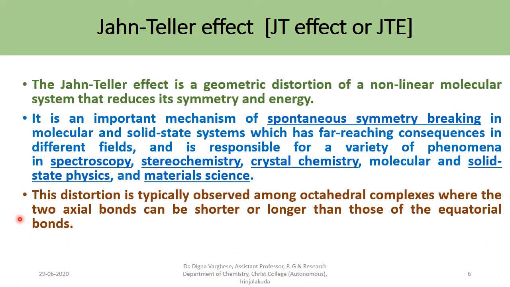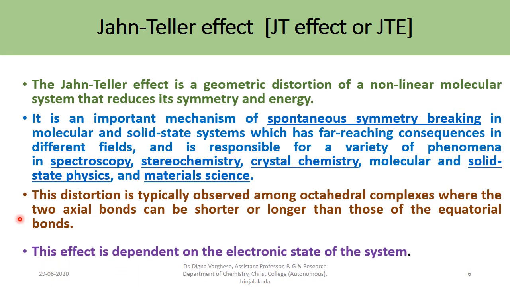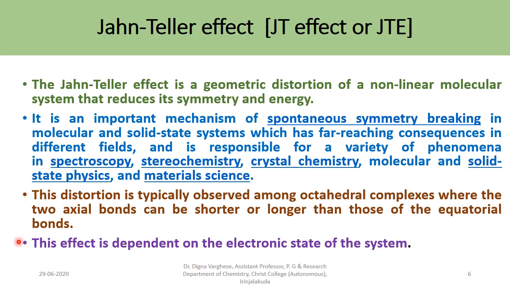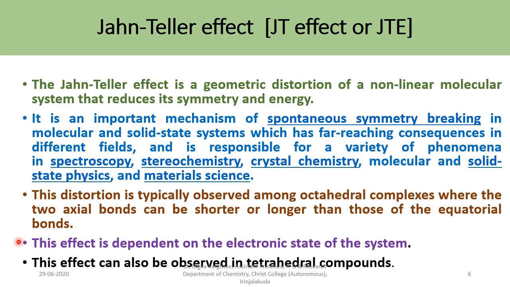This distortion is typically observed among octahedral complexes, where the two axial bonds can be shorter or longer than the equatorial bonds. This effect is dependent on the electronic state of the system, and it can also be observed in some tetrahedral compounds.